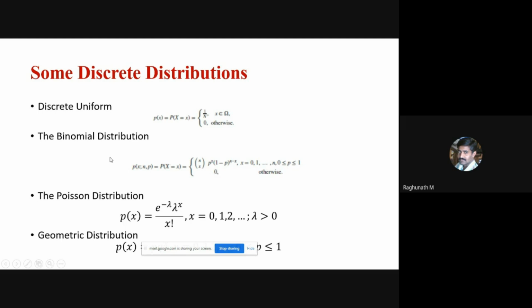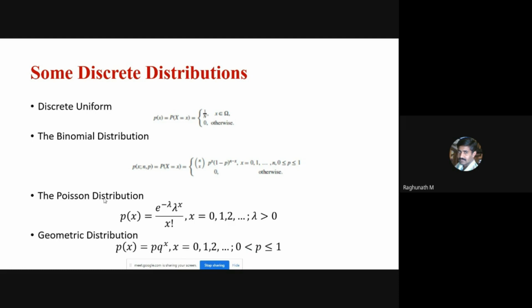So this is one of the very basic definitions of the binomial distribution. This is one of the discrete distributions which one should know. These are some fundamental things. I am not covering all the discrete distributions, only some standard ones I am going to talk about.